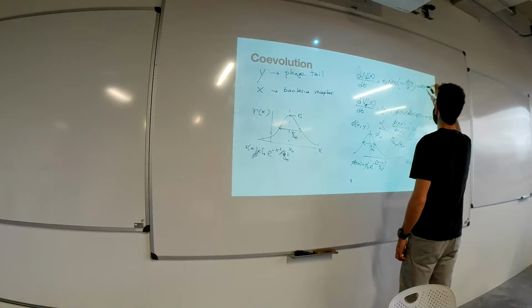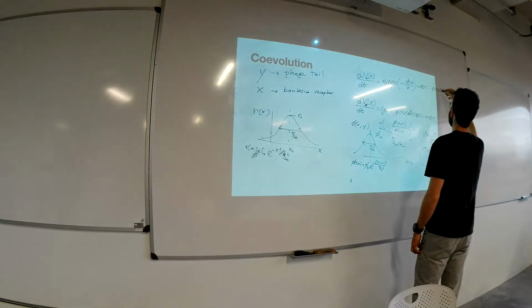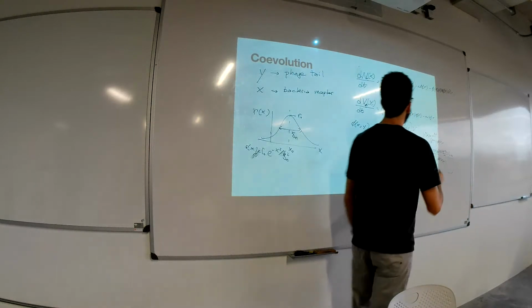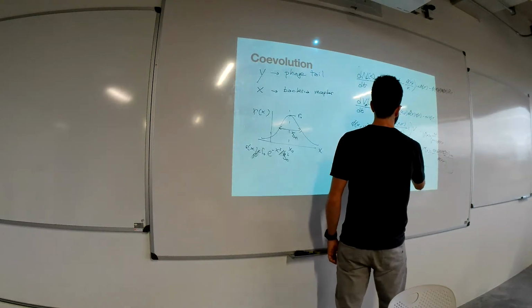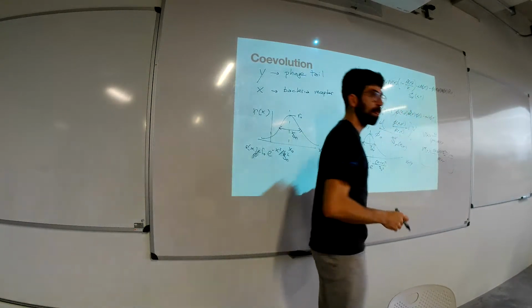This is the mutant. And this is the mutant, this is the resident, this is the resident, this is the mutant. Okay? And in the same way, so this is for viruses, you can get the growth for bacteria, x prime given x1.